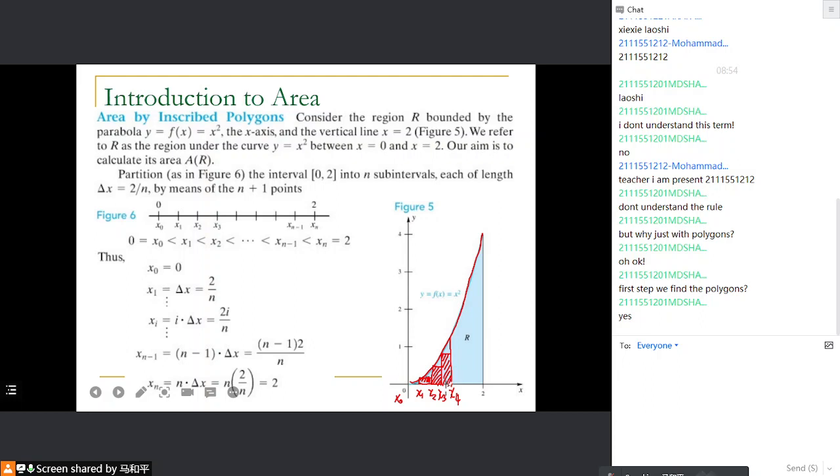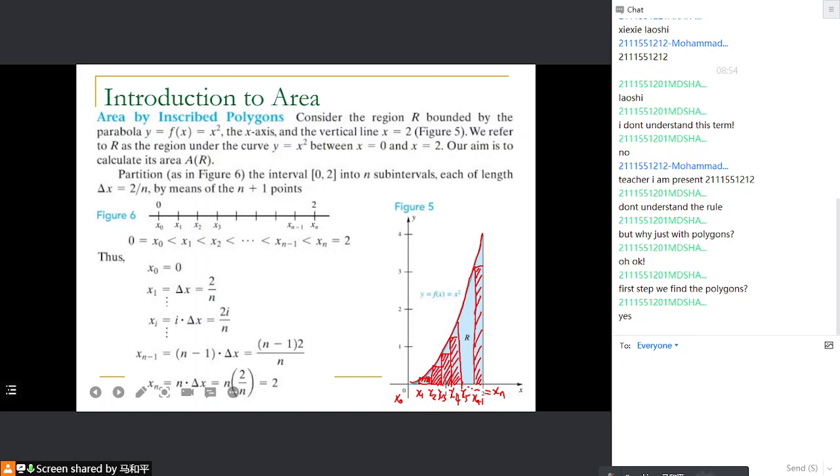This is x4, x5. And the last one, this is xn minus 1, and xn, right? So we have this polygon.